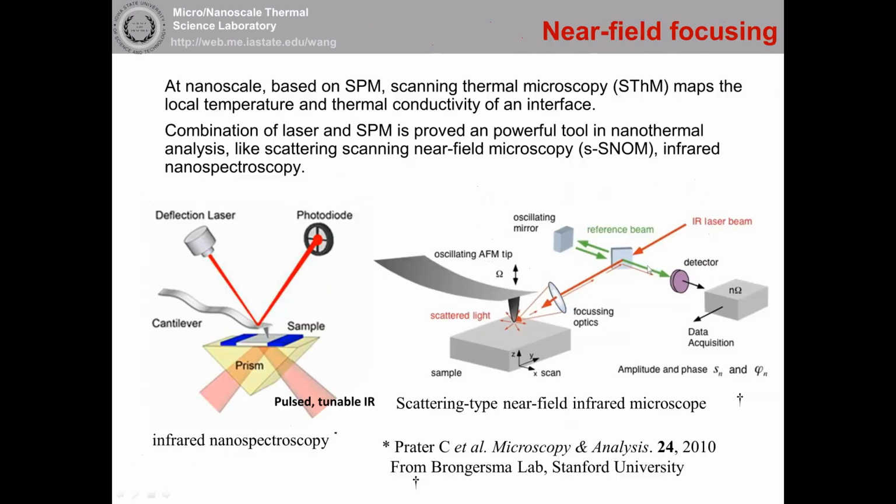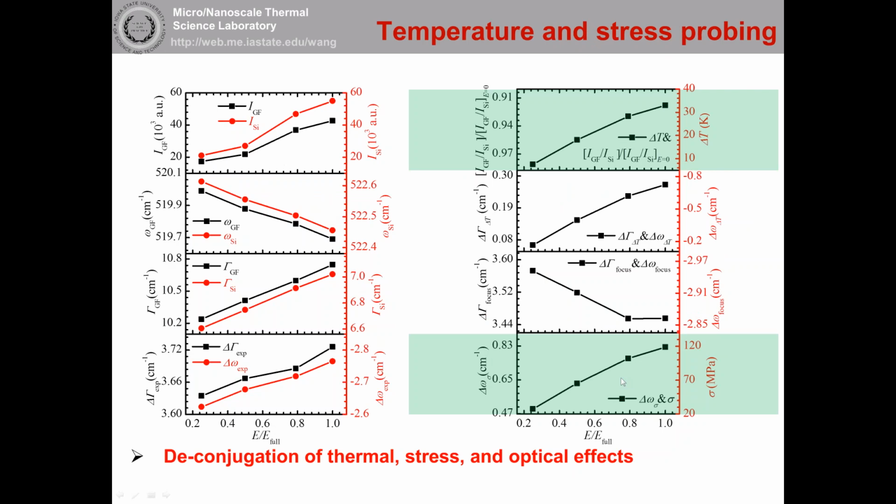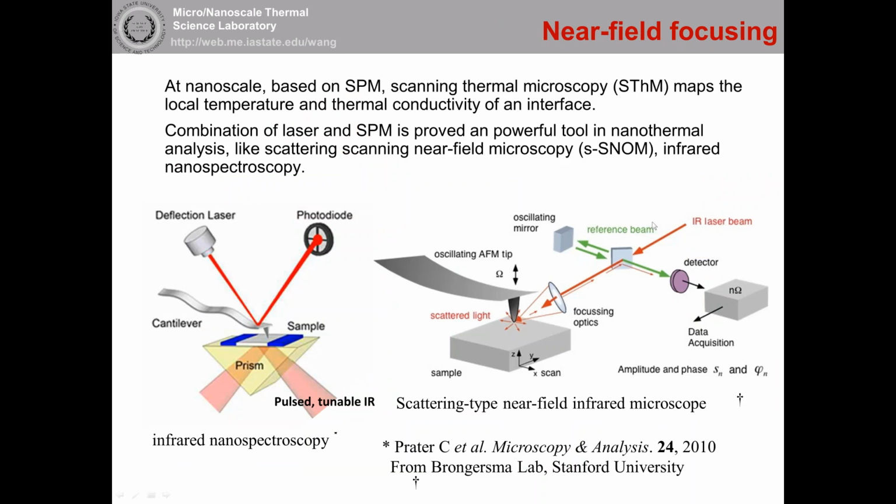So that's the heating, that's the stress. For this kind of near field focus, you can use a particle or a glass fiber of micron size, and you can go to sub-micron size. Another kind of near field focus is called tip enhanced Raman.